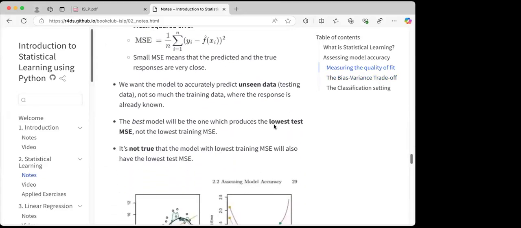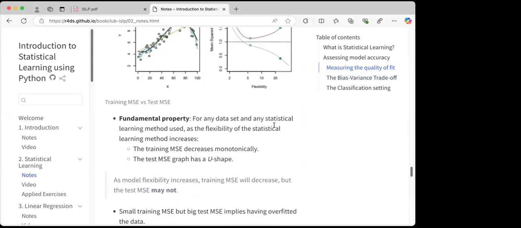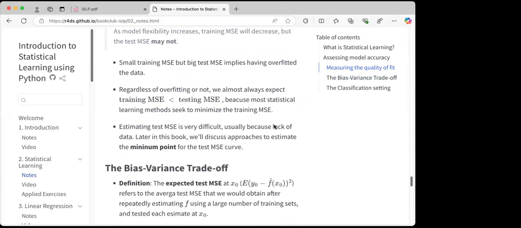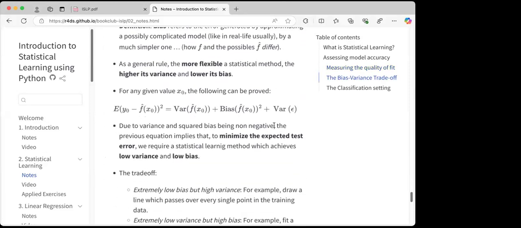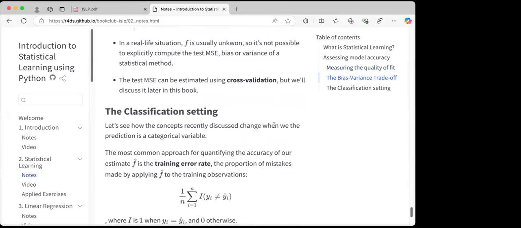The same thing applies in the case where we have a classification problem, where the response variable is categorical. So he tries to explain the classification setting: how the concepts recently discussed change when the prediction is categorical. How do we deal with model accuracy when we have a categorical response variable?